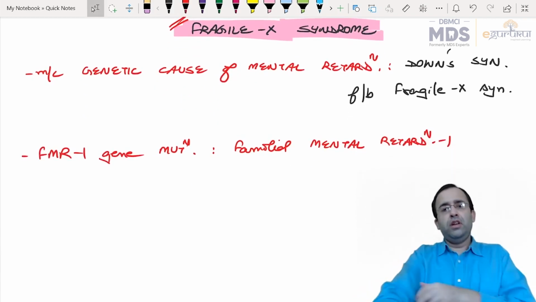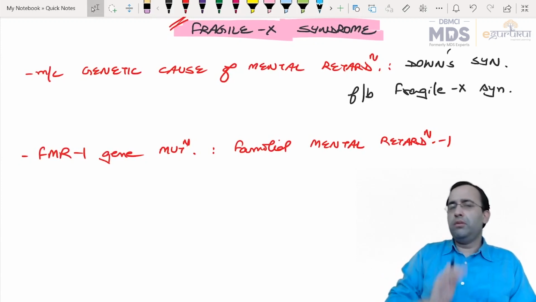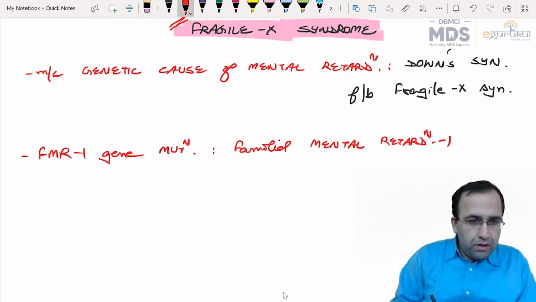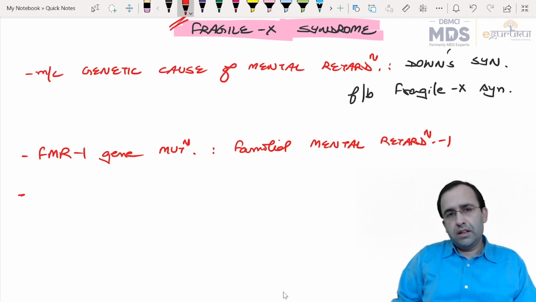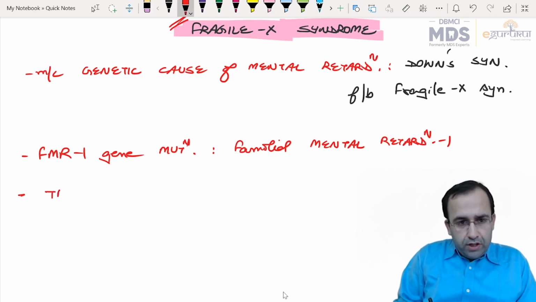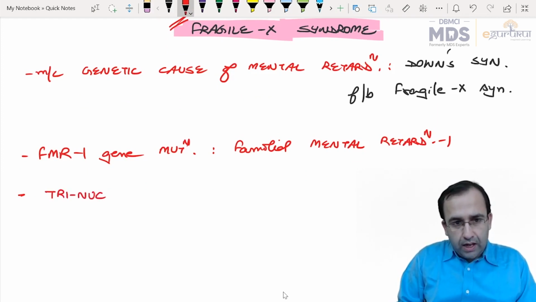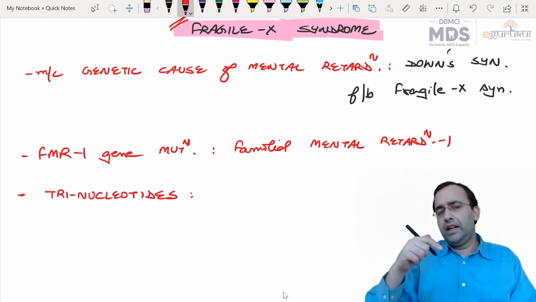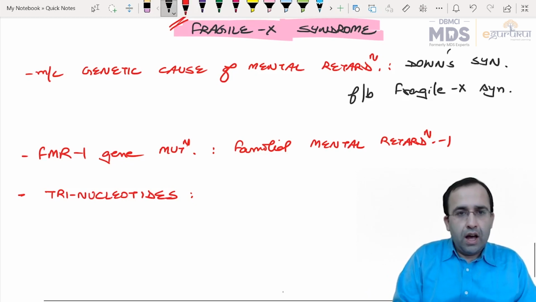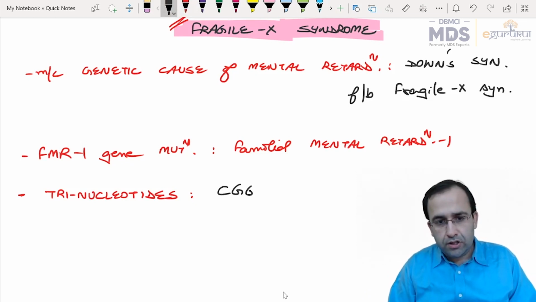Next point, which trinucleotides are getting repeated in this? The trinucleotides getting repeated in Fragile X are CGG.